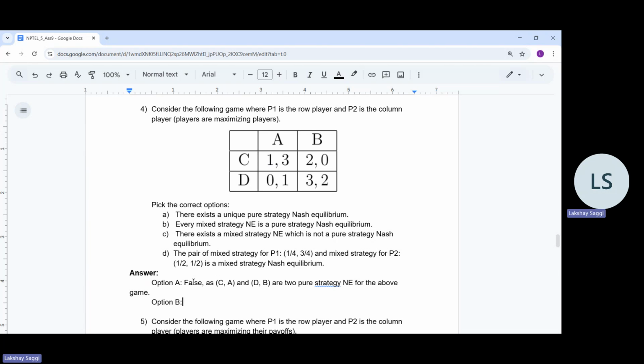So option A is incorrect. Let's move to option B then. Maybe I should just put incorrect rather than false. Option B says that every mixed strategy Nash equilibrium is a pure strategy Nash equilibrium.